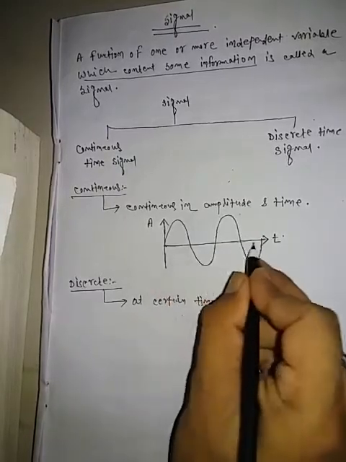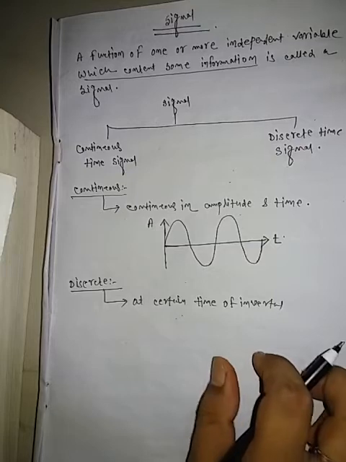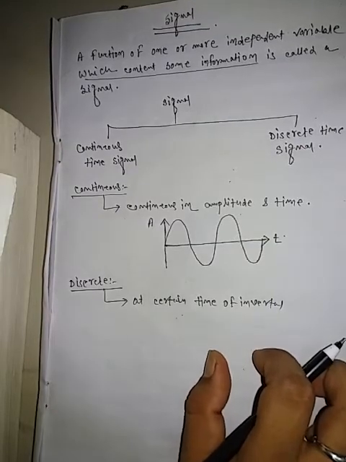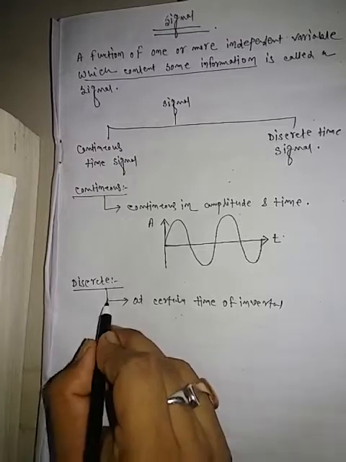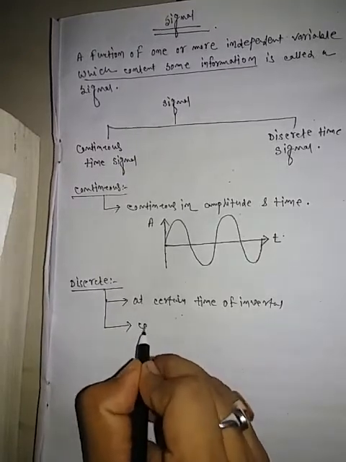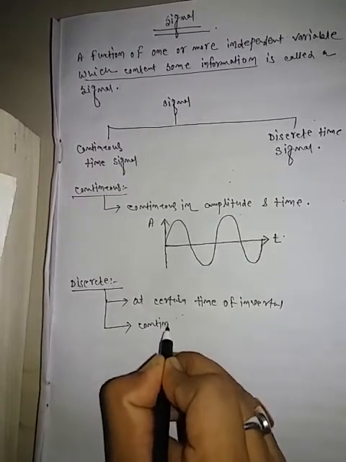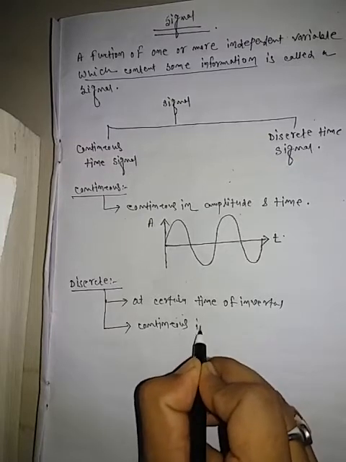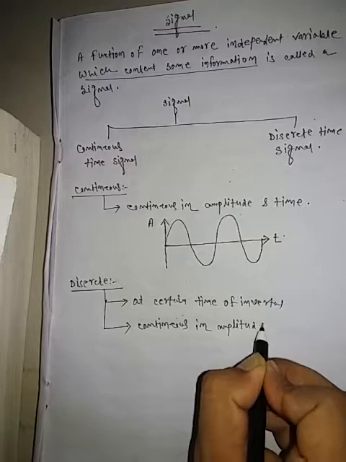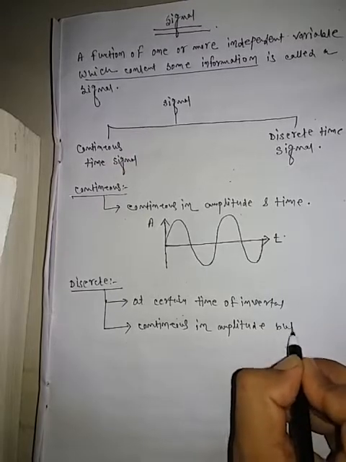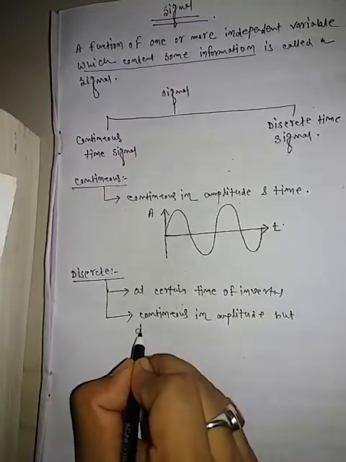Here the time is continuous, but there the time at certain intervals is called discrete. It means continuous in amplitude, but discrete in time.